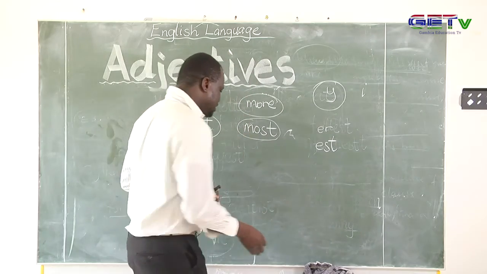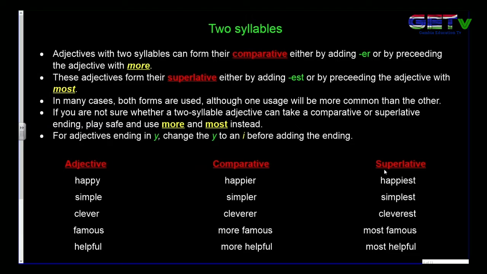And we have some examples here. Here also in this chart we have 3 columns. The first column is the adjective, that is the original adjective. The second column we have comparative, and then superlative.